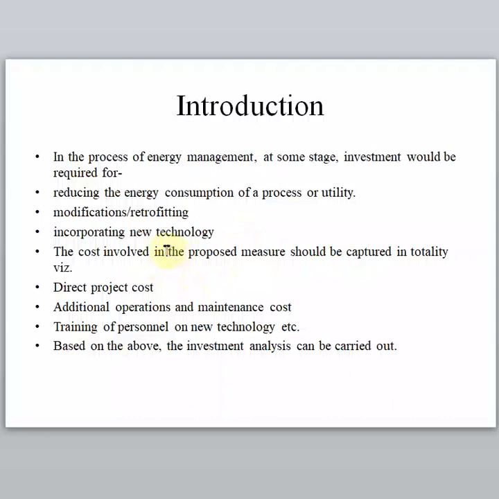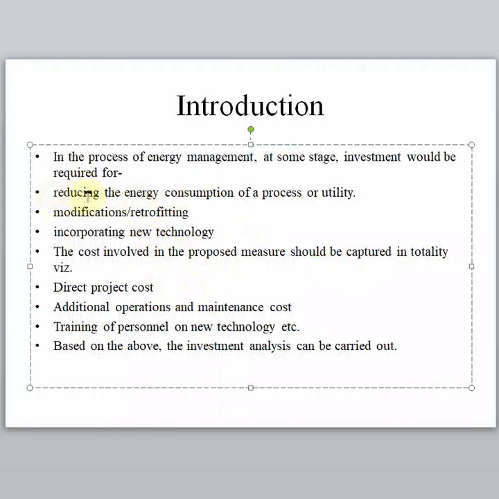So in the process of energy management, at some stage or level, investment would be required for reduction in the energy consumption of a particular process. So investment is required for reducing the energy consumption of a process or utility. This is under the development part.